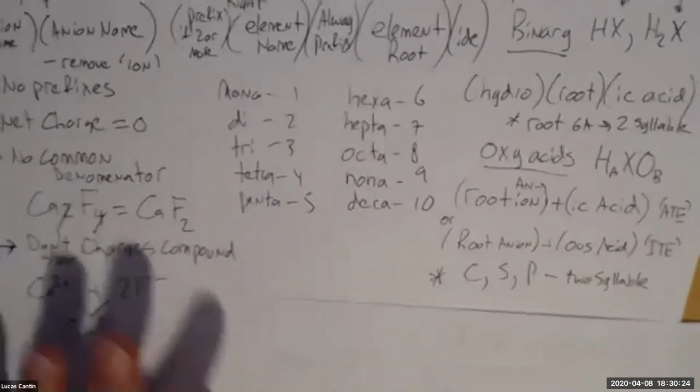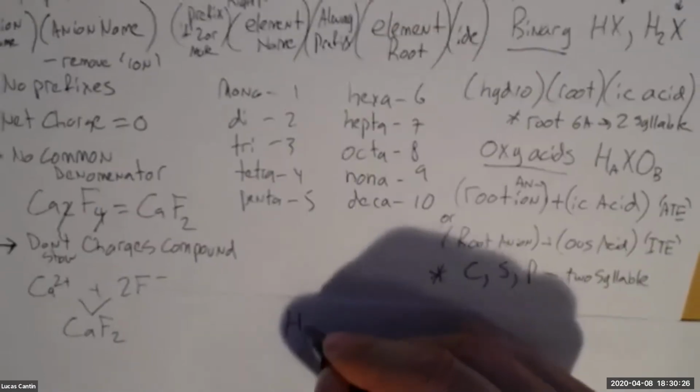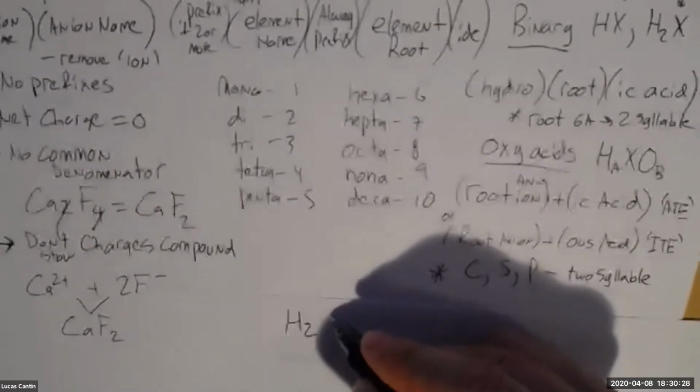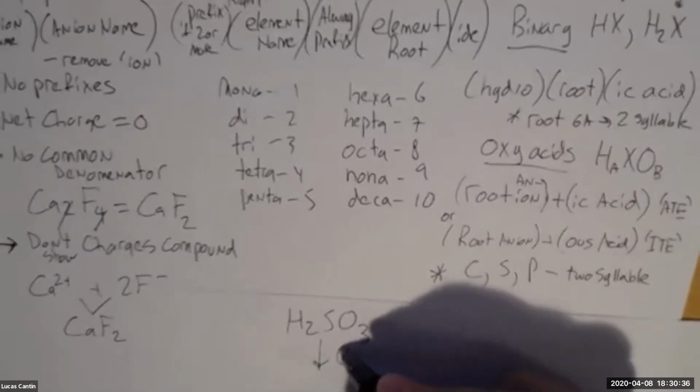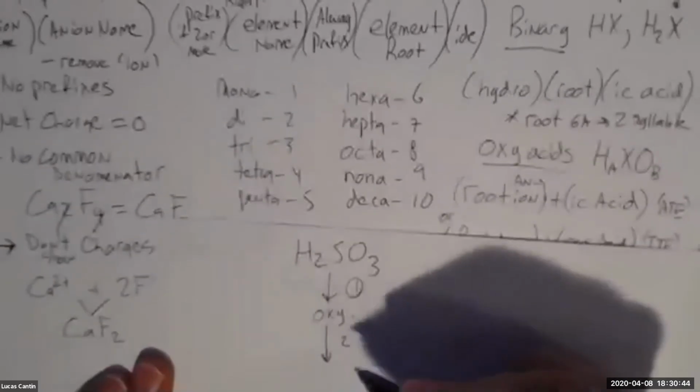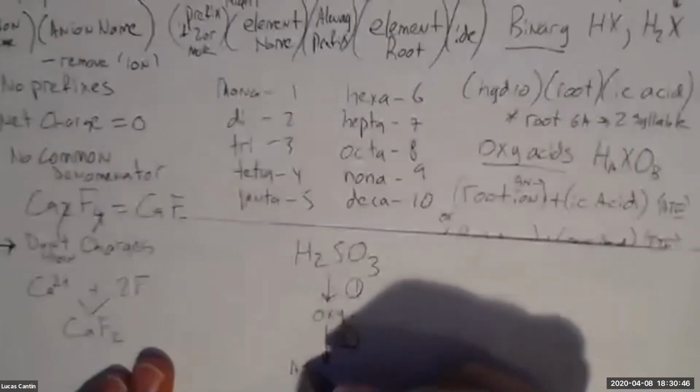Let's keep the rules here. H2SO3. So the first step, what kind of acid is this? Oxyacid. Good, it's an oxyacid. Second step would be, what's the anion?